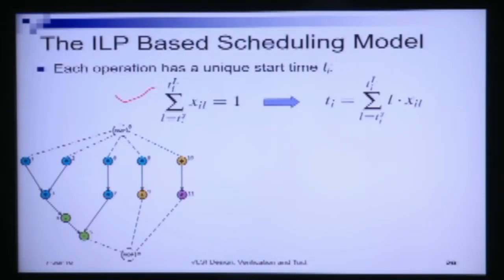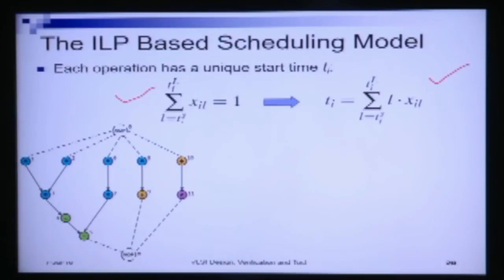Now, given these ASAP and ALAP times, what will be the start time of that operation? The start time of that operation can easily be denoted as shown on the right of this slide: T_i equals summation over l from T_i^S to T_i^L of l into x_il. So, for example, let us say that I have an operation that has actually started in time step 3.